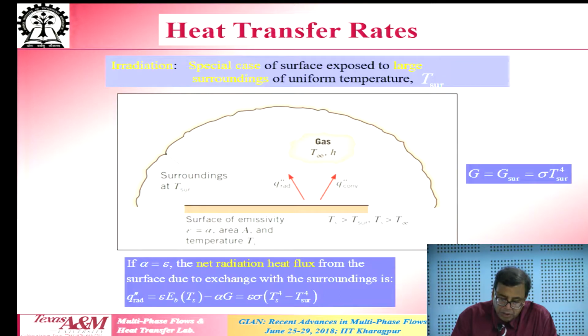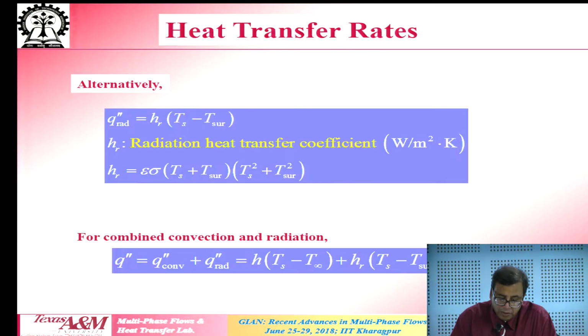Typically we use Kirchhoff's law, which says that when bodies are in thermal equilibrium, your absorptivity is equal to your emissivity, and if that is true, then you can write down the equation that is at the bottom of that slide. I am going a little fast for these slides, because I am just trying to get you all up to date on the basics of heat transfer. And then you can represent the radiation heat transfer by an equivalent radiation heat transfer coefficient.